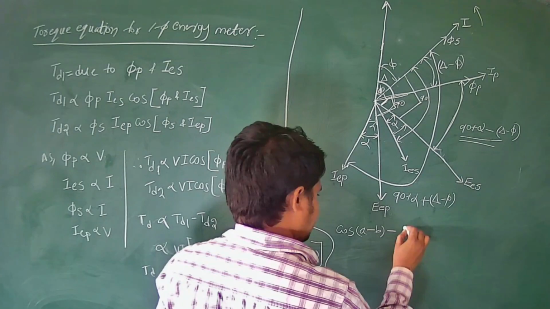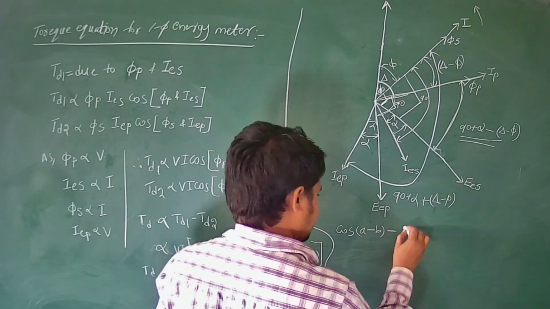So what is A here? A is 90 plus phi and B is delta minus phi. Therefore VI into 2 into sin of 90 plus alpha into sin of delta minus phi.